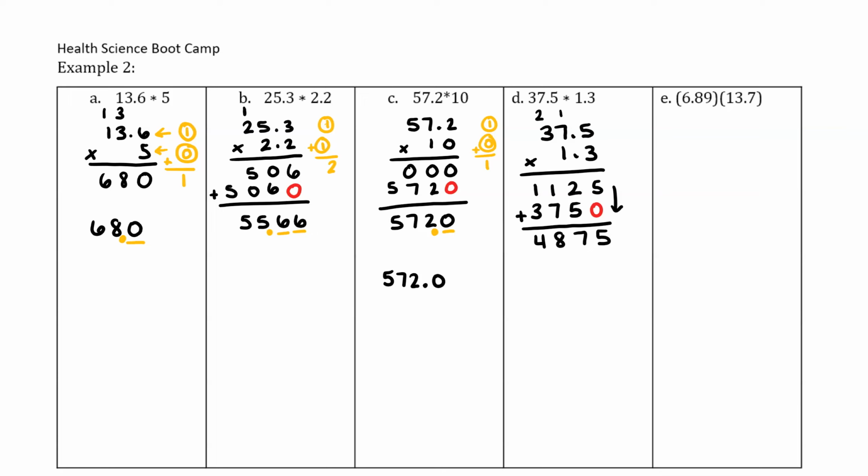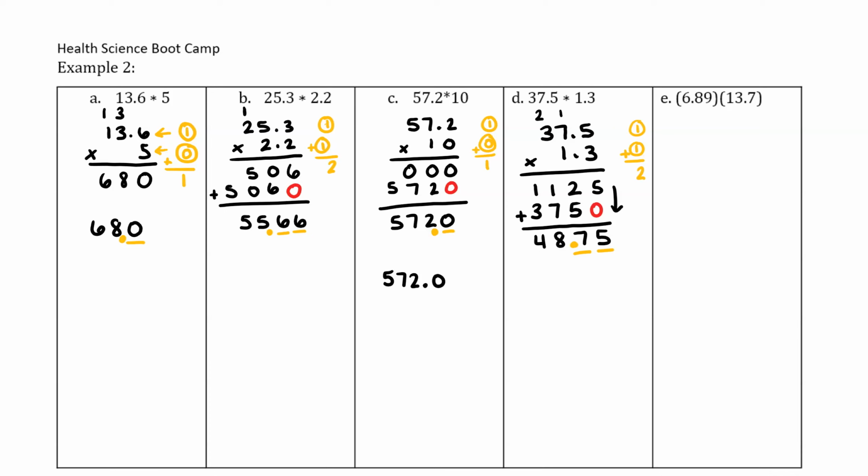Now we have to decide where to put our decimal. My first factor has 1 digit after the decimal. My second factor has 1 digit after the decimal. So my product will have 2 spaces after the decimal. 1, 2. So this is where my decimal goes, 48.75.